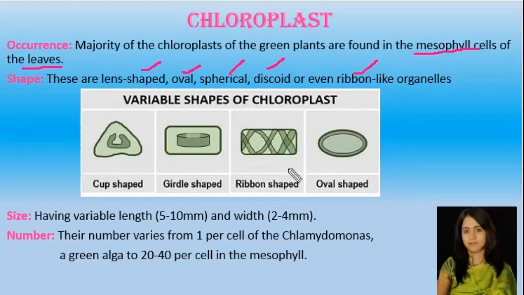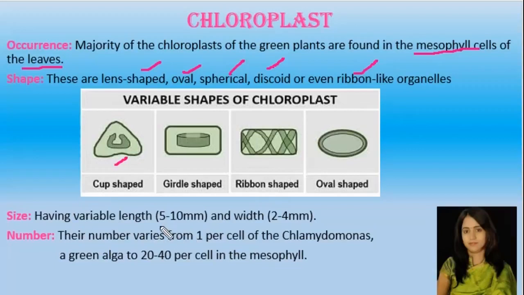In case of Spirogyra, which we have studied in your practical, a green algae, ribbon shaped or spiral shaped chloroplasts are present. And in Chlamydomonas, which is a unicellular green algae, a cup shaped chloroplast is present, and the size varies.